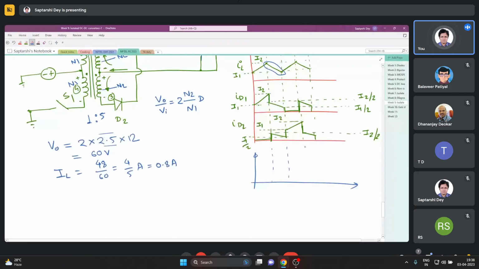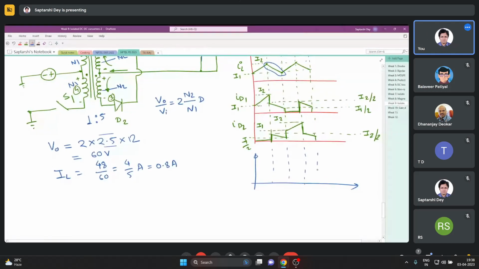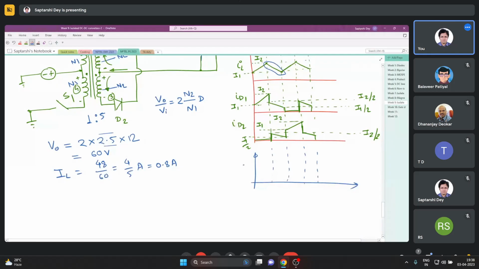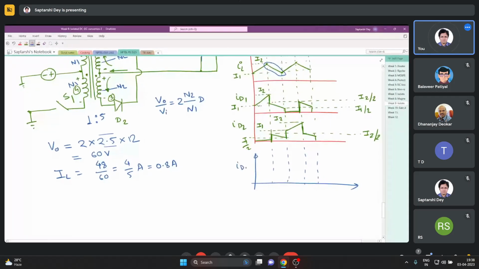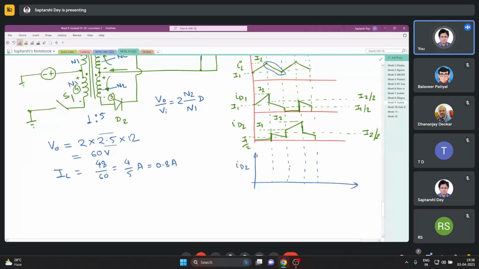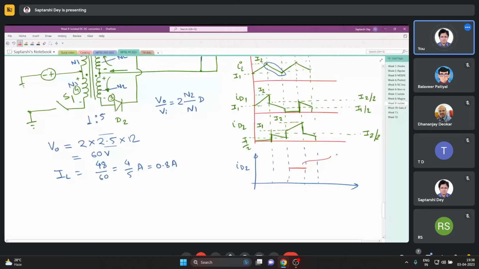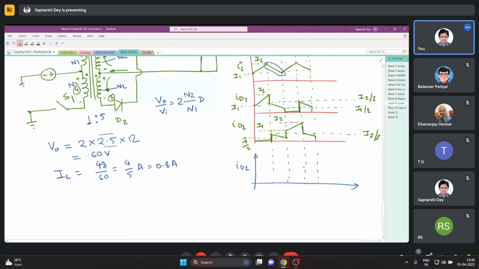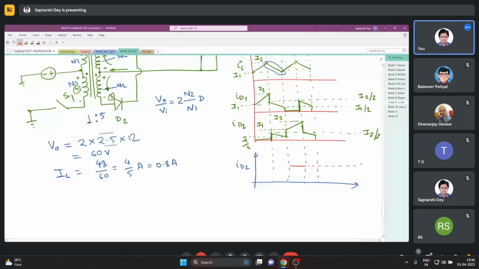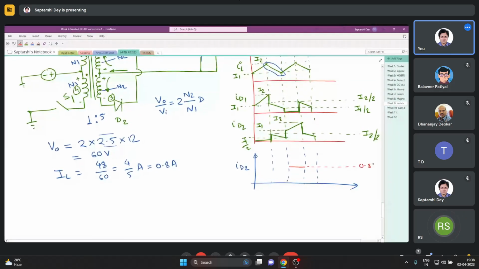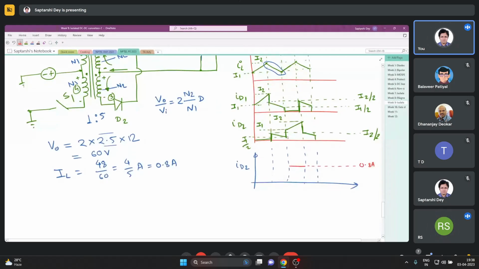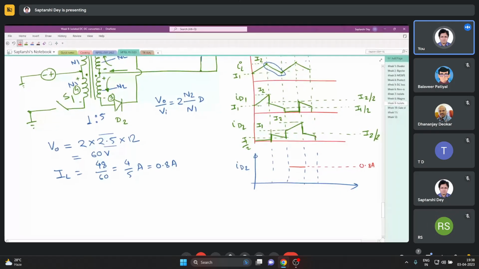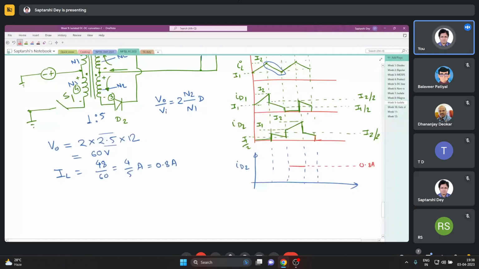Say I am drawing the diode current of D2, okay? Just match with it. D2 I am drawing. So during this period, it is carrying the full inductor current, which is 0.8 ampere. I am drawing D2 because this waveform somehow comes full here and ID1 is broken.